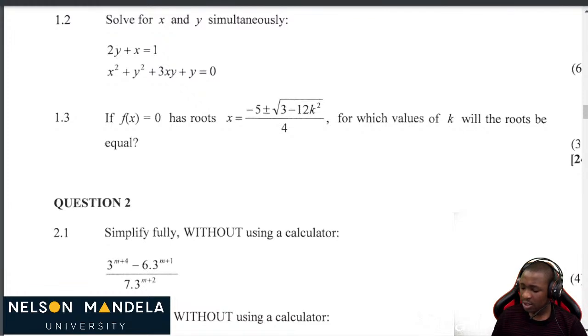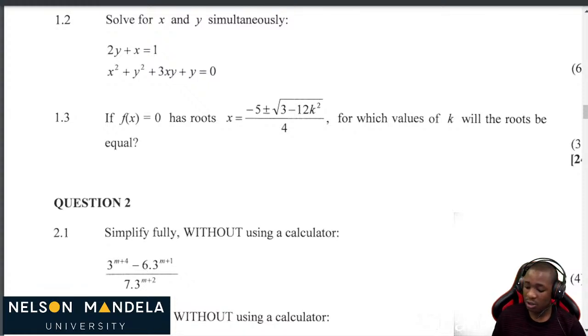Always, when we are asked about equal roots, it means the discriminant is equal to 0. If they say unequal roots, it means the discriminant is not equal to 0. If they say real roots, it means the discriminant is greater than or equal to 0. In this question, our discriminant is represented by b squared minus 4ac.